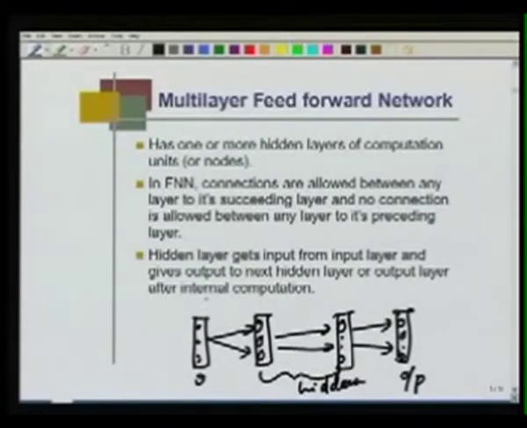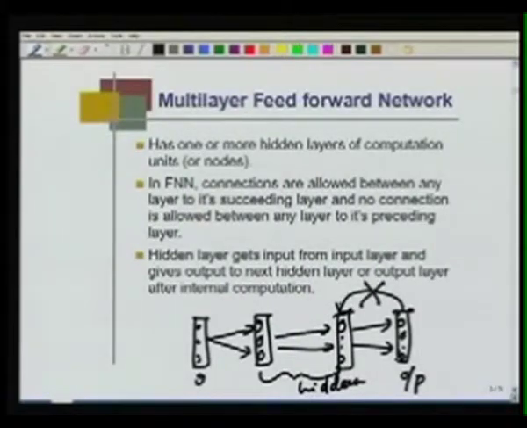And in this feed-forward neural network, FNN stands for feed-forward neural network, the connections are allowed from one layer to the succeeding layer in the forward direction, not in the backward direction. I cannot have a connection like this. This is not allowed.